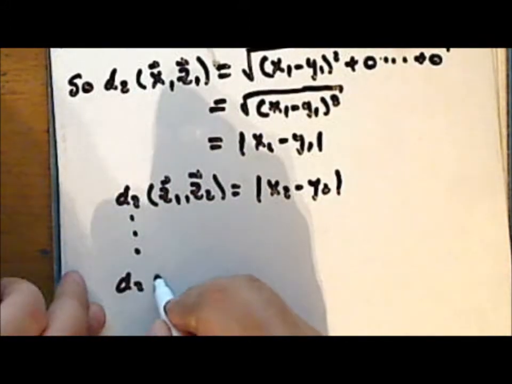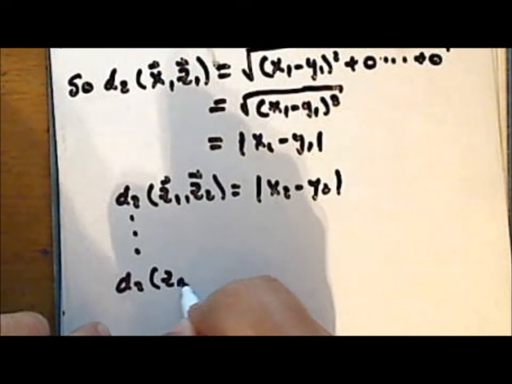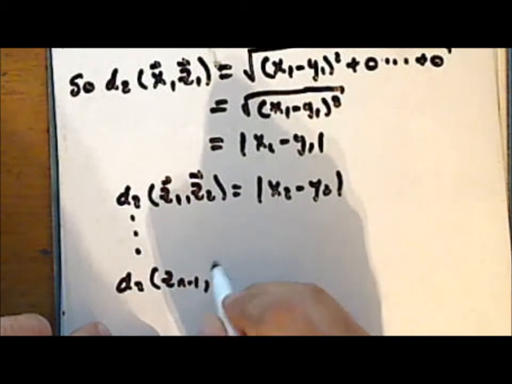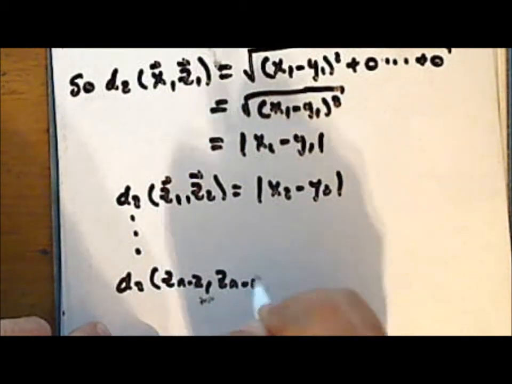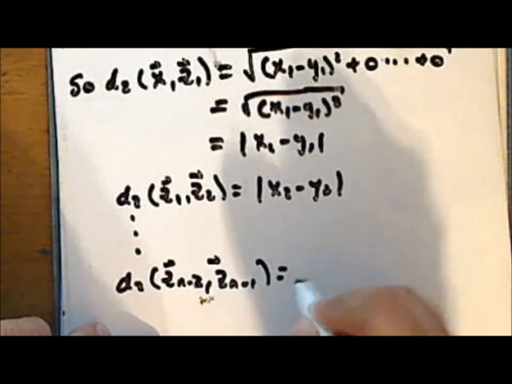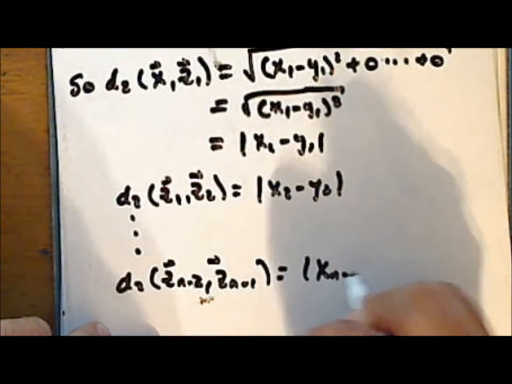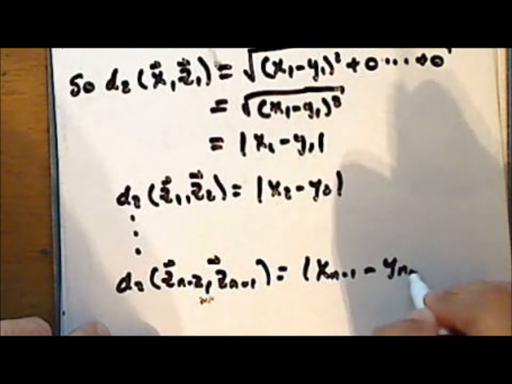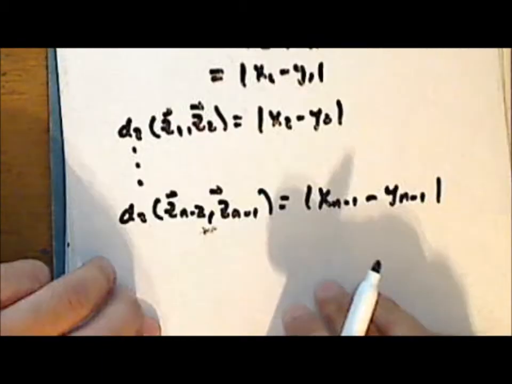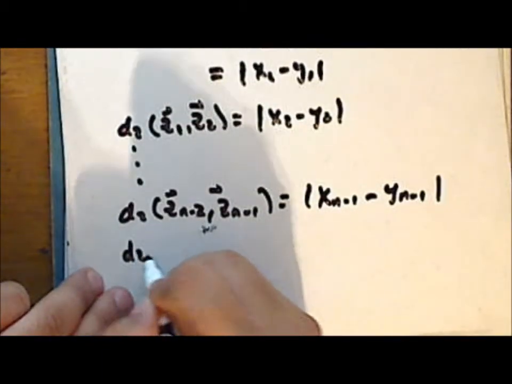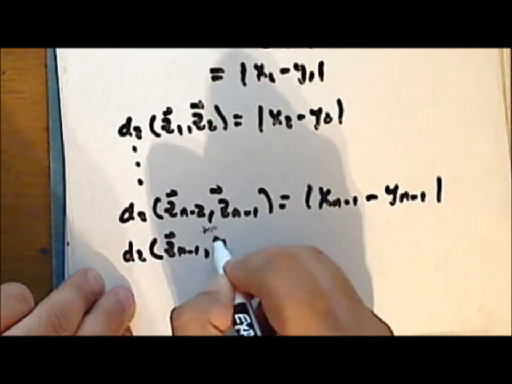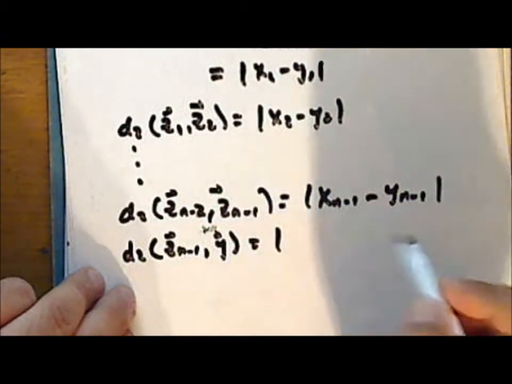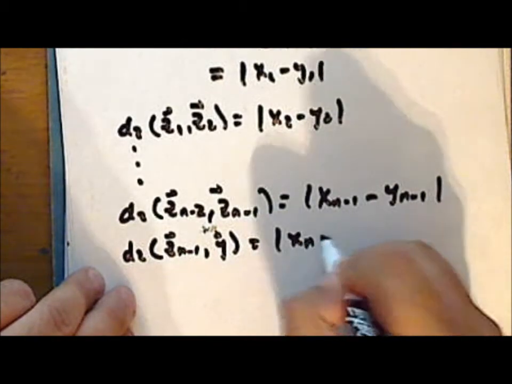So d sub 2 of z sub n minus 2 to z sub n minus 1 is x sub n minus 1 minus y sub n minus 1. And finally, d sub 2 of z sub n minus 1 to y is the absolute value of x sub n minus y sub n.